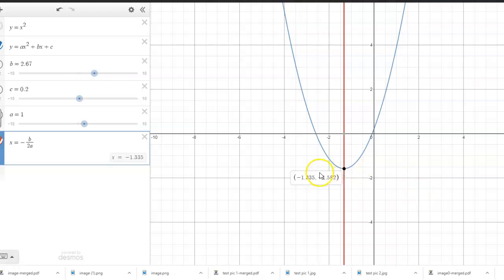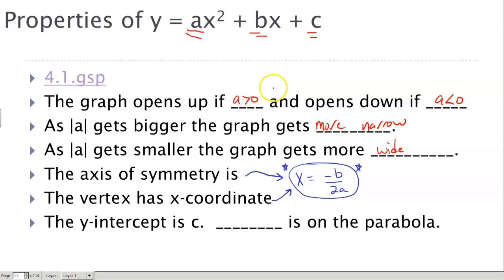And notice that if I click on the vertex, it's also the x value of the vertex. So this negative b over 2a that we calculate is an important piece of the vertex right here, and it also tells us exactly where on this x-axis is the center line, the axis of symmetry. All right, so this is a huge part of what we're going to be using.